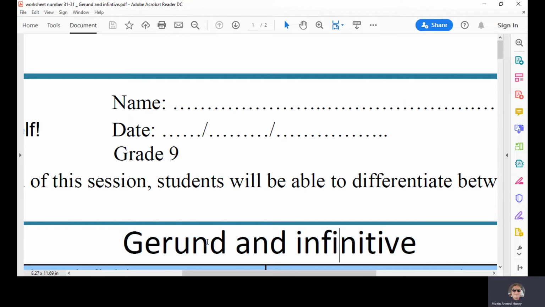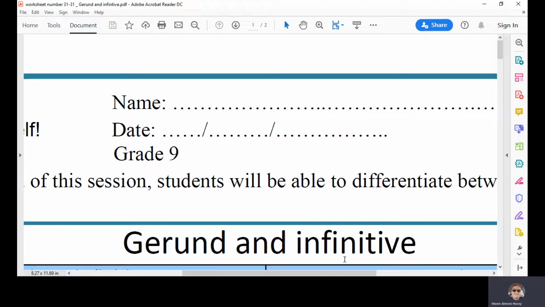As previously mentioned in the previous video, we spoke about the gerund. What is the gerund? Do you remember? I know that some of you still remember and know it already. So, yes, the gerund is the verb followed by or added to ing, like play, playing.